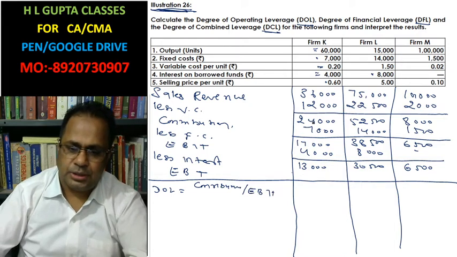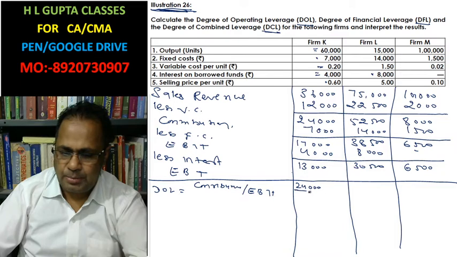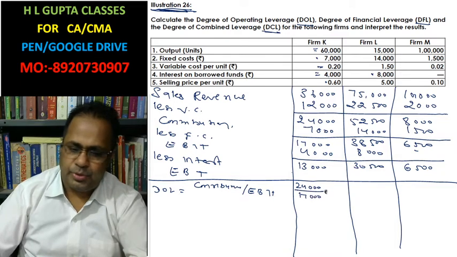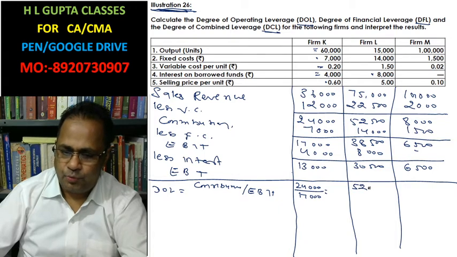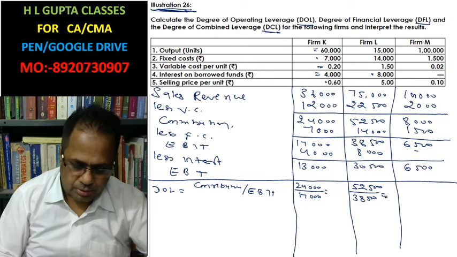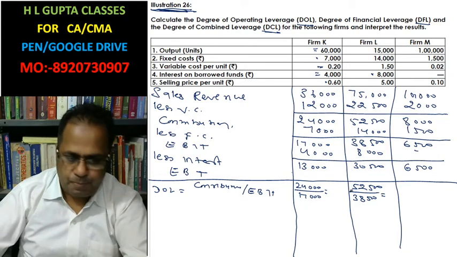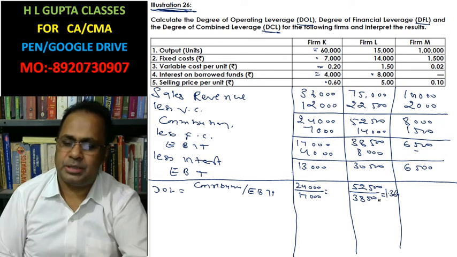Contribution is 24,000 and EBIT is 17,000. 24,000 divided by 17,000 is 1.41. Next, contribution of 52,500 divided by 38,500 is 1.36.